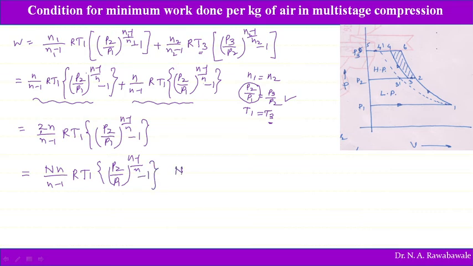So N is the number of stages. If it is 2 stage, then N is equal to 2. If it is 3 stage, N is equal to 3. The unit is Newton meter per cycle. So this is nothing but the work done for a multi-stage air compressor.